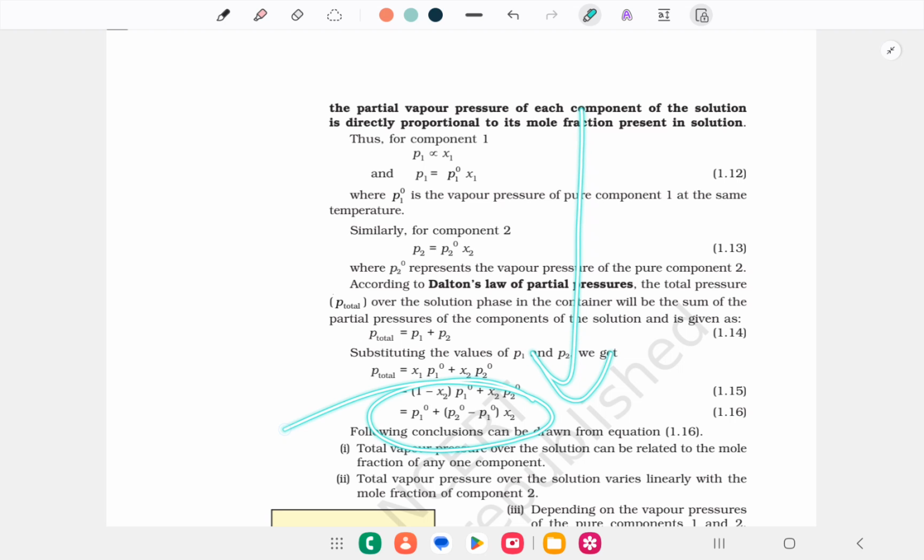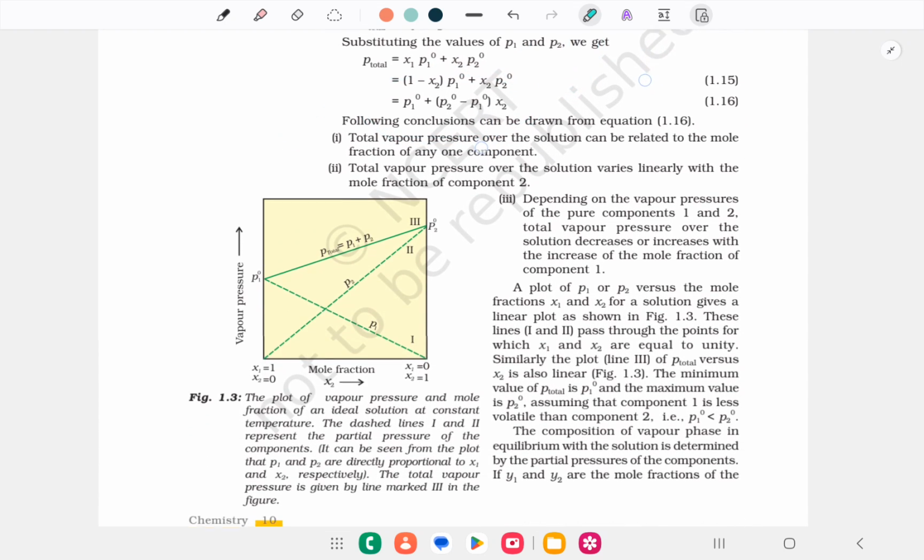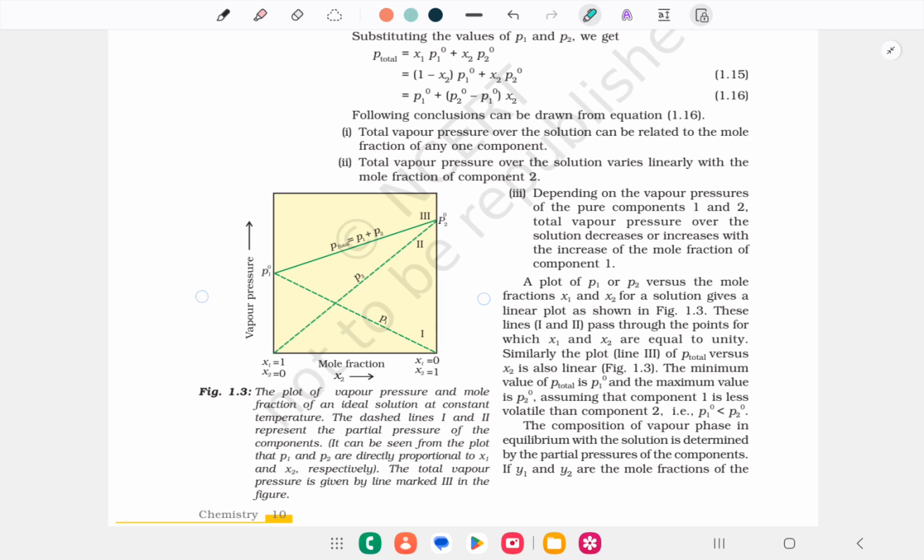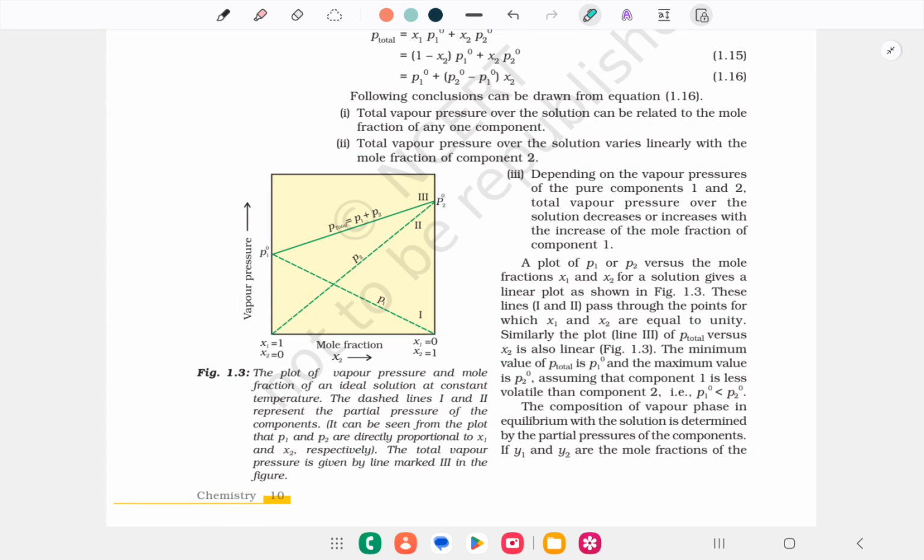And we've obtained this equation as well, and this is the graph which is provided to us. In these graphs, the lines 1 and 2 provide us with the partial pressure of the components, and the line marked as 3 provides the total vapor pressure.